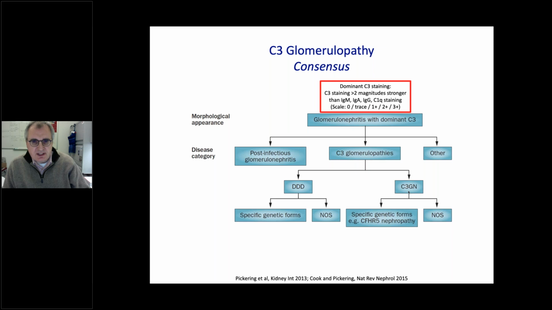Histologically, these C3 dominant forms were identified by a C3 staining that was more than 2 orders of magnitude stronger than any other staining, including IgM, IgA, IgG, and C1q.